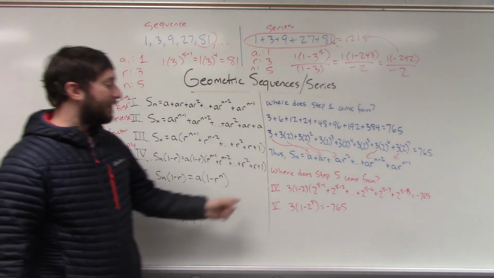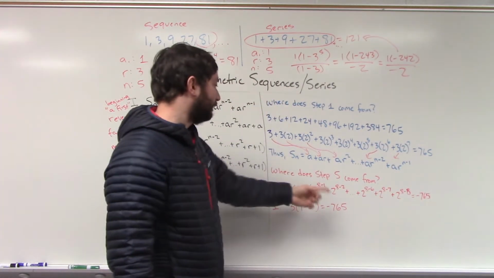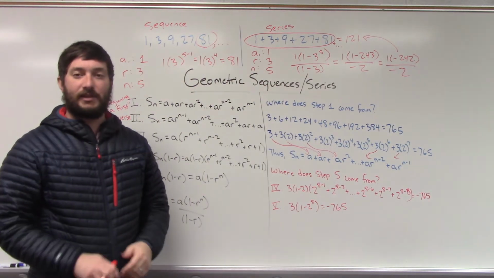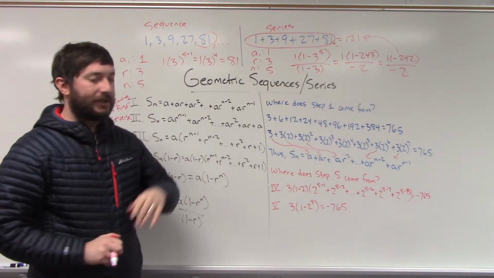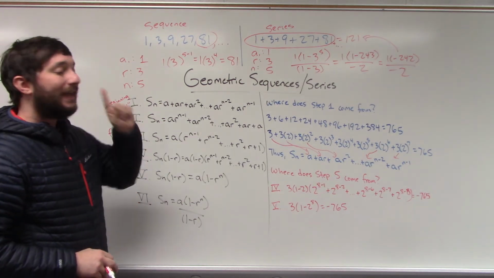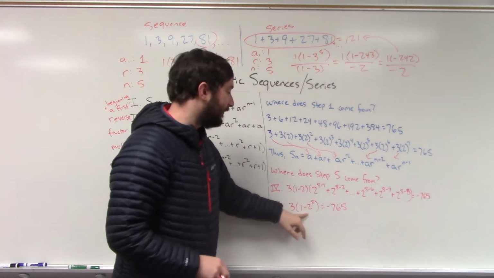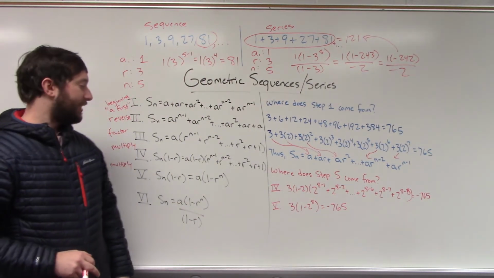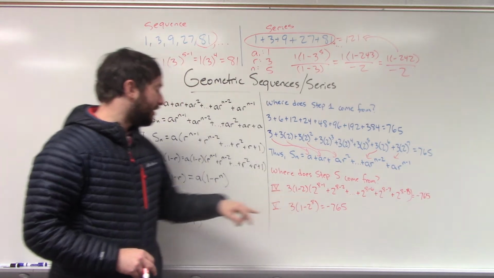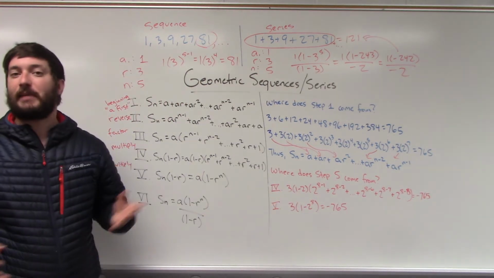And you simplify all of this, and this should be in parentheses here. That'll give you a negative 765, okay? You could check that in the calculator. You'll end up being negative 765, and that's the same as if we take 3, your initial, 1 minus r to the power of n, the same thing, okay?